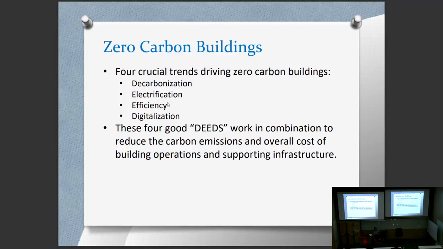And then increasing efficiency through digitalization, like IoT, using different sensors and controllers to improve the system performance. So these are the 4 key strategies to achieve a zero carbon building.